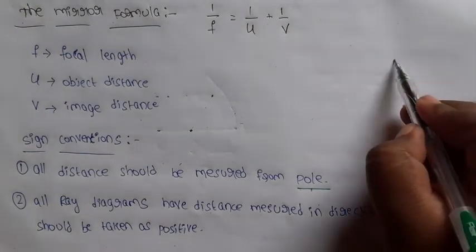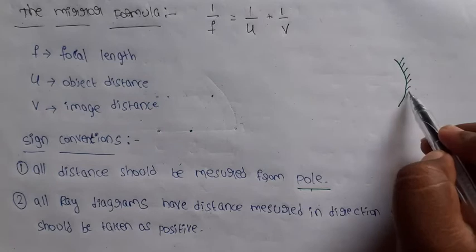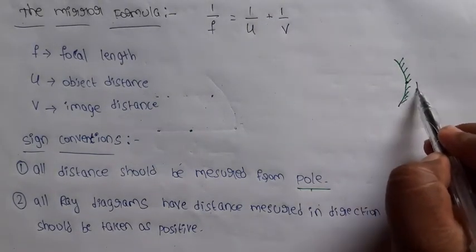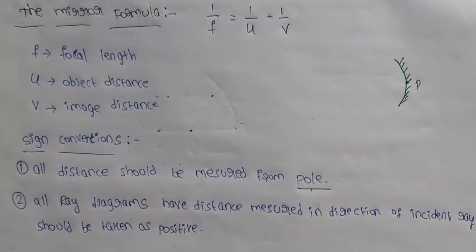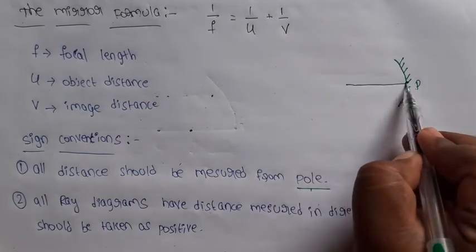This is a concave mirror. Suppose this is the pole of the concave mirror. This is the principal axis.